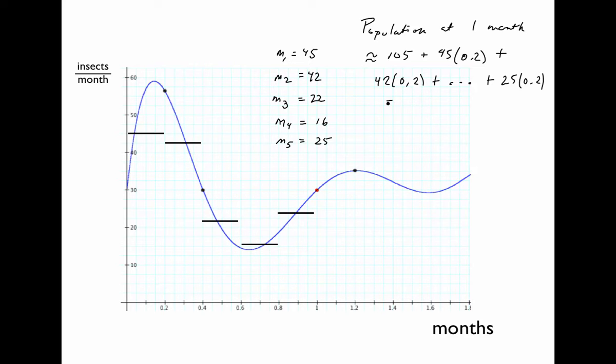And anybody remember about what that turns out to be? 135-ish, and everyone will have a slightly different answer. 35, and that's insects.